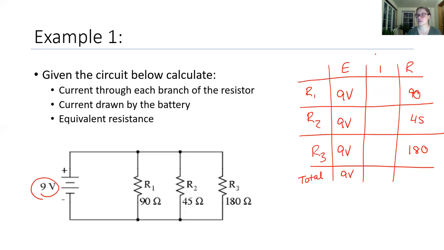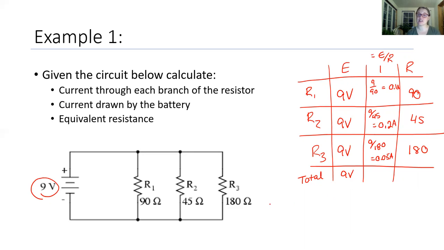So I is equal to E over R. 9 over 90 leaves me with 0.1 amps. 9 over 45 gives me 0.2 amps. And 9 over 180 leaves me with 0.05. So we were just calculating down.